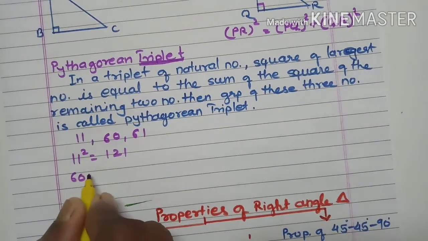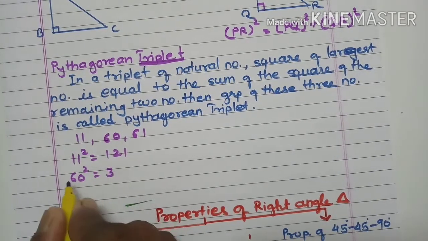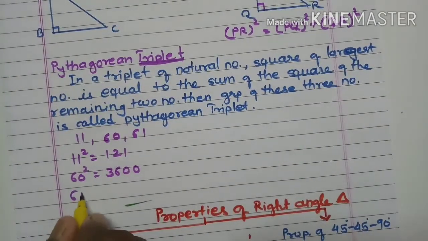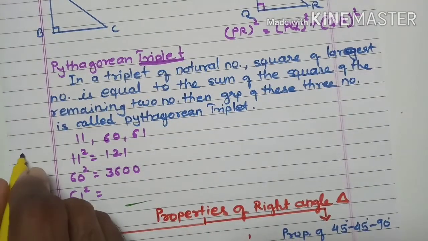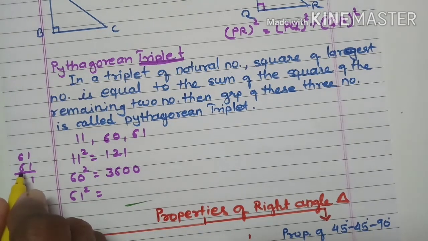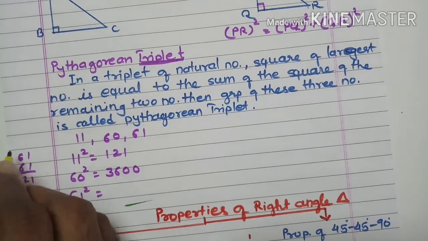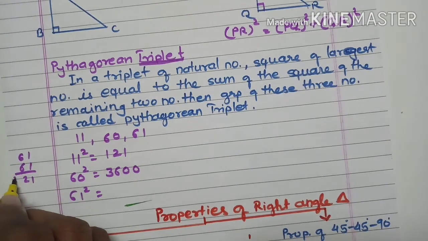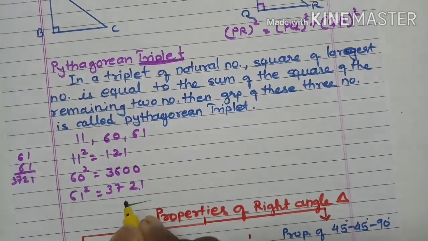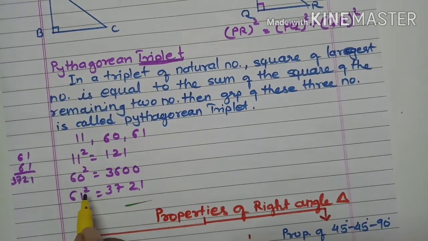The square of 60 is 3600, and the square of 61 is 61 into 61, which is 3721. 3721 is the square of 61.